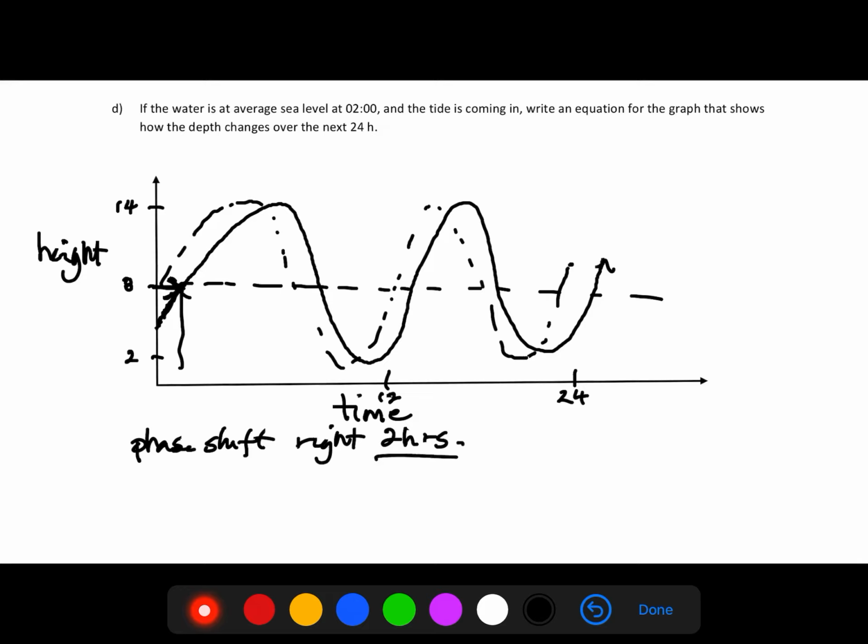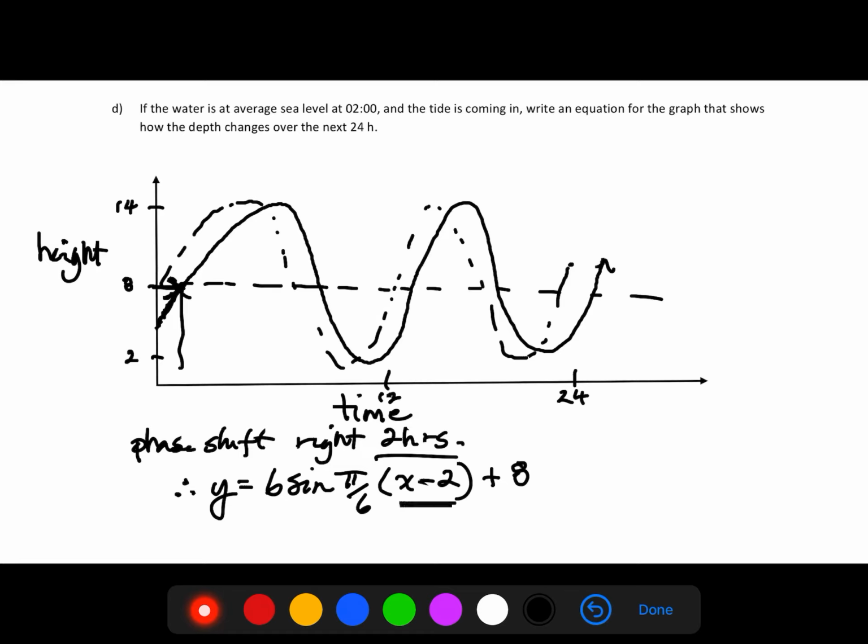The only thing that changes now is that we have a phase shift to the right 2 hours. That's the only change to our graph, which means that our equation is just altered by what's in the brackets.